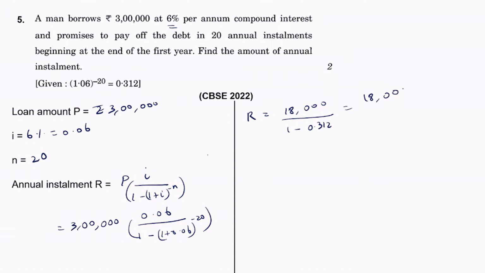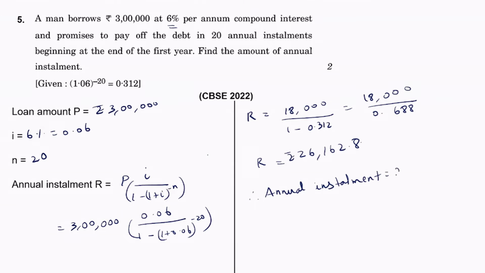So this is 18,000 upon 0.688. Now this, when we simplify, we get approximately equal to 26,162.8. So this is the annual installment. Therefore, annual installment is equal to rupees 26,162.8. And this question carries 2 marks.